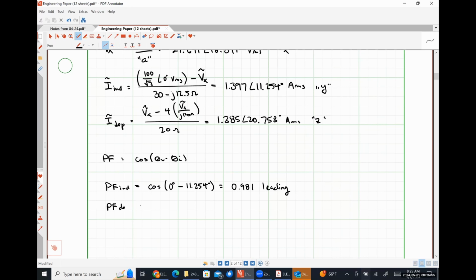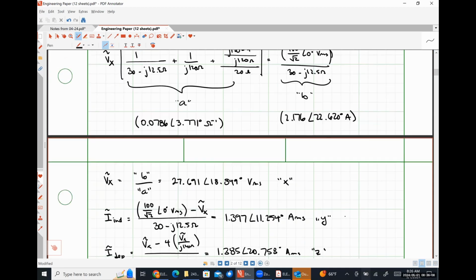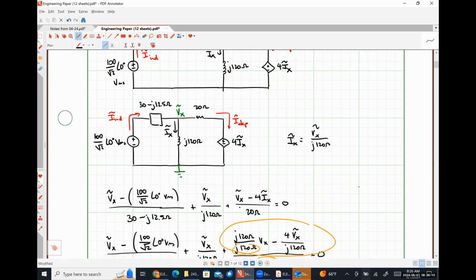Now, let's do the dependent source, right? So same expression. Now theta V is the phase angle of the voltage drop across our dependent source. Our dependent source has a value of 4 Ix.